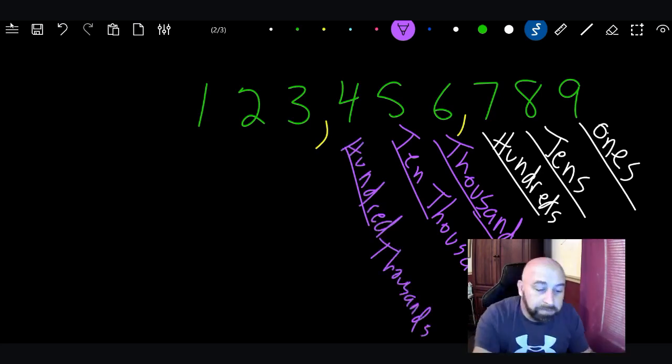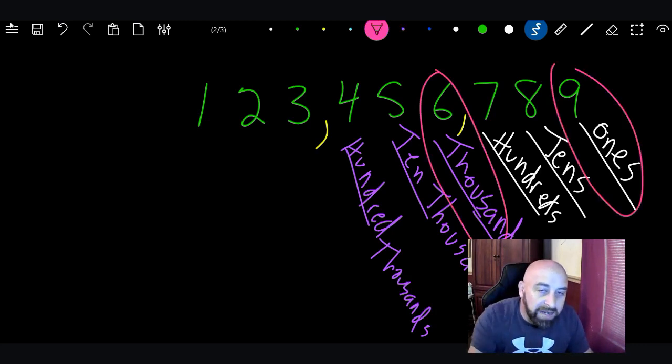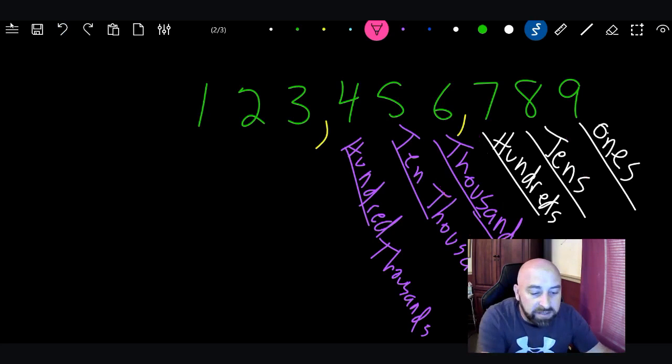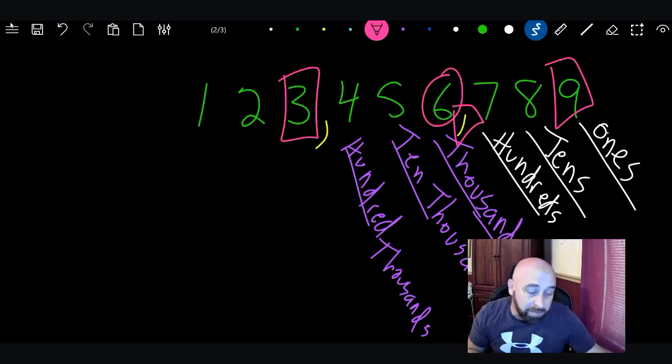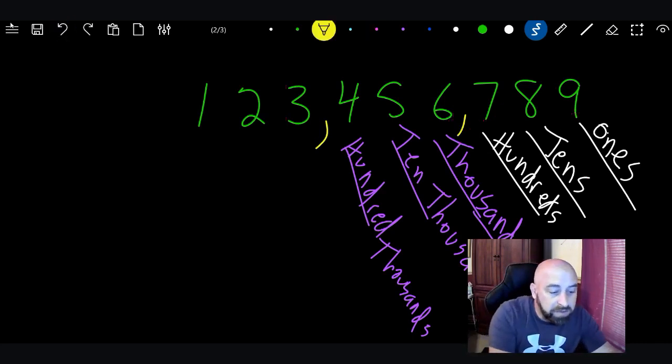So look, the 6 and the 1s are kind of similar, and notice where their positioning is. This is the first number after the comma, and this is the first number. So this 3 is going to match up with that. What's this 3 going to be?